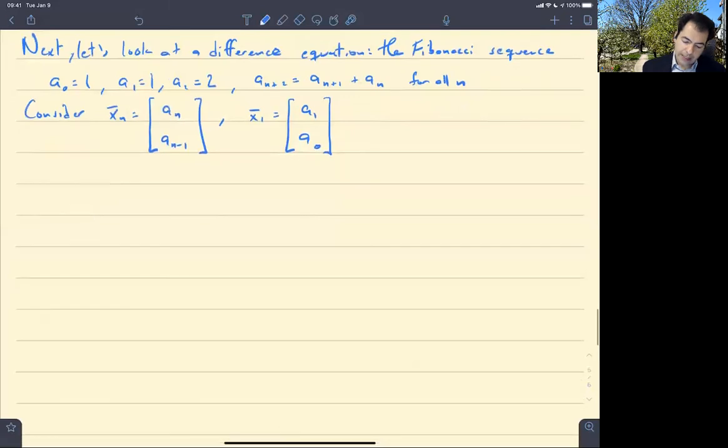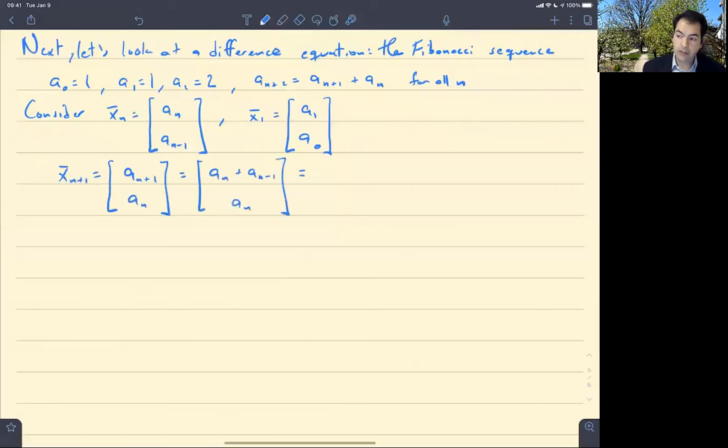Okay, so what is the equation for the vectors? Well, x_(n+1) would be a_(n+1), a_n. And we can write a_(n+1) as a_n plus a_(n-1). Then let's leave a_n alone in the second coordinate.